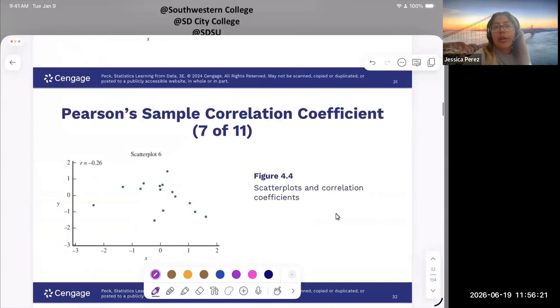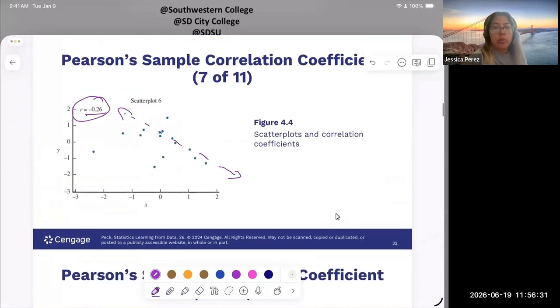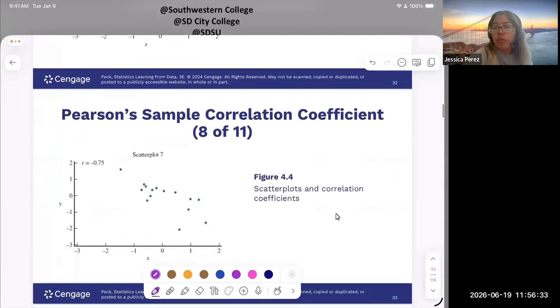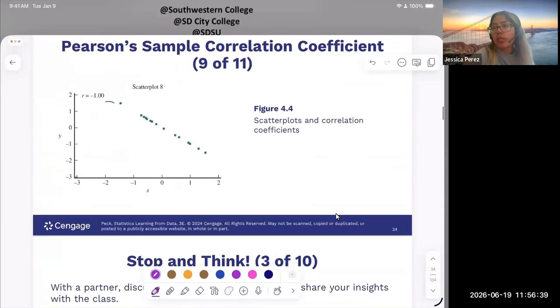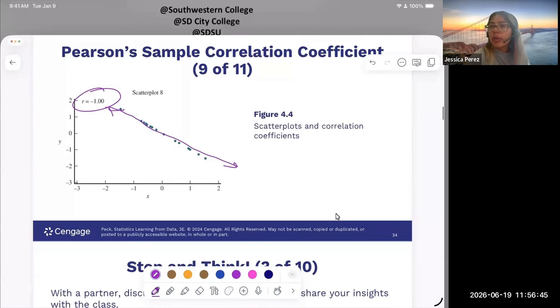Now what happens when R is negative? Negative 0.26. Look at the correlation. It's negative. Now it's going to go downward, but it shouldn't be touching a lot of the points. Negative 0.75, how strong it is. But now it's going in the opposite direction. Now this is a perfect line, but R is now negative 1. So what can we identify?